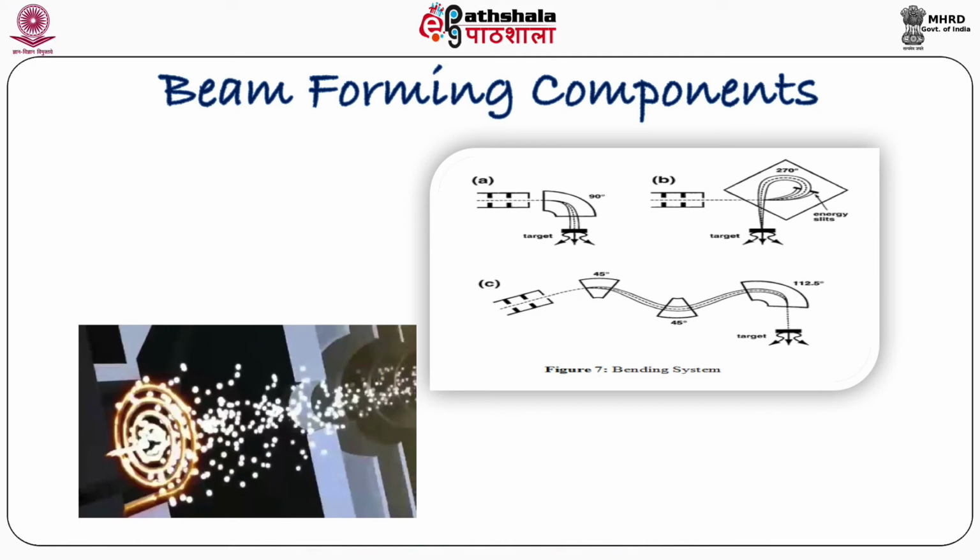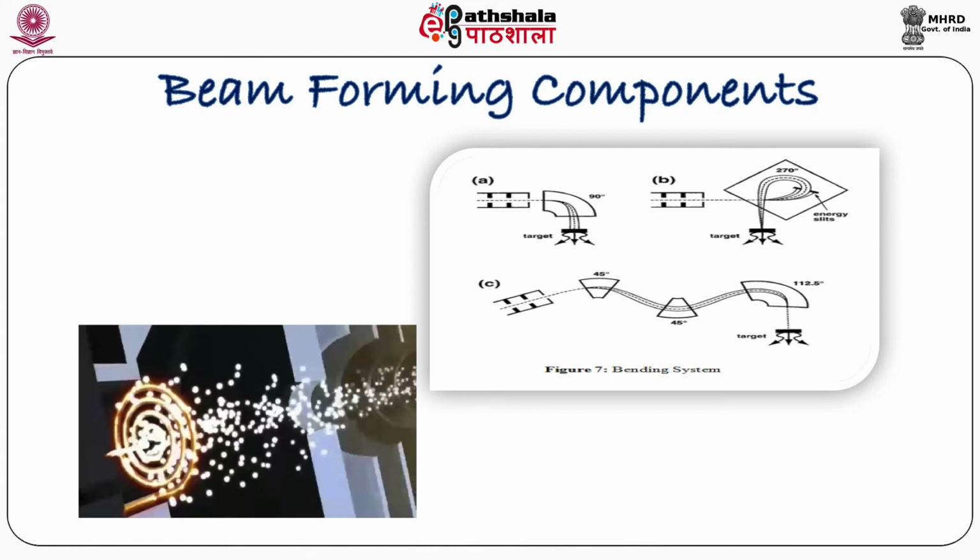When we want to use photons, we use the target. These electrons strike the target and produce photons. When we want pure electrons of high energy, this target is removed from the path and the direct electron beam is used.